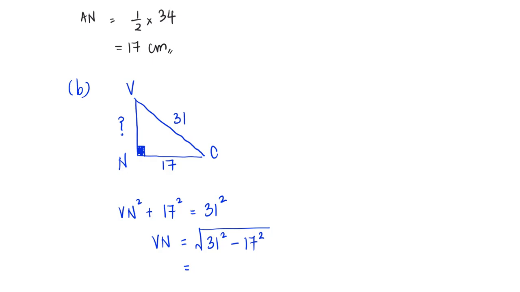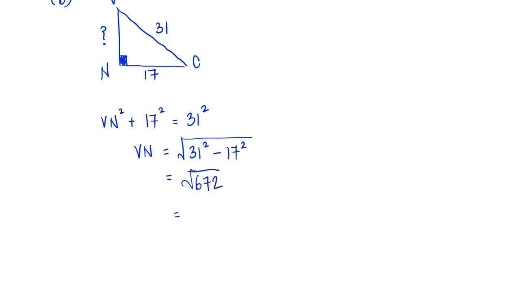So this will be equal to 672, square root of 672. And the square root of 672 will be equal to 25.923, to 3 significant figures, 25.9 cm.